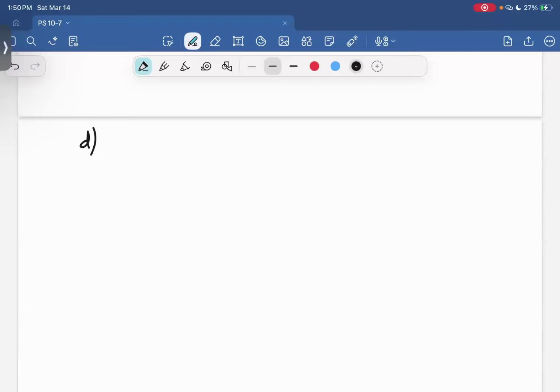Question D, now we have a negative radius, so we need to be quite careful. So normally 5 pi over 6 is going to be right here, right? So this is what it would be normally. But then because we have a negative 3 radius, we're actually going to go in the opposite direction. So the radius is negative 3.